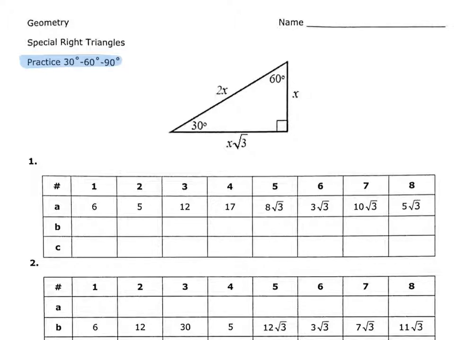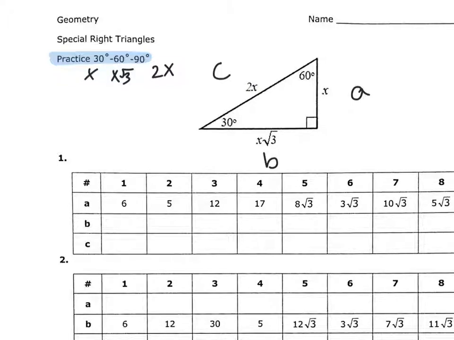So it says A, B, C. You're thinking, what is my A, B, and C? This is A, B, C. This is the short leg, the long leg, and then we have our hypotenuse.